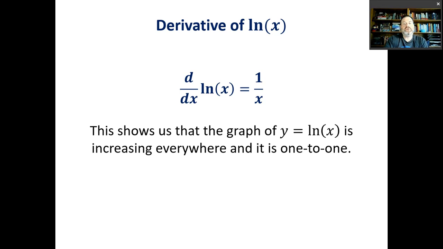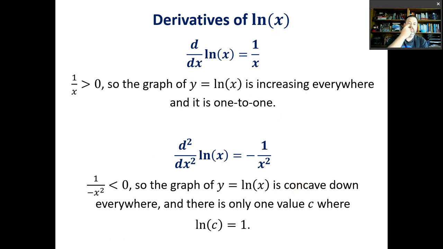This shows us that the graph of y equals natural log x is increasing everywhere, and it's 1 to 1. So let's talk about this a little bit. It's increasing everywhere because this is always positive. Remember, x is always positive. You're not allowed to put negative numbers in a natural log. This is always positive, so it's always increasing. If it's always increasing and it's continuous, that means it passes the horizontal line test. That makes it 1 to 1, and if it's 1 to 1, it has an inverse, right?